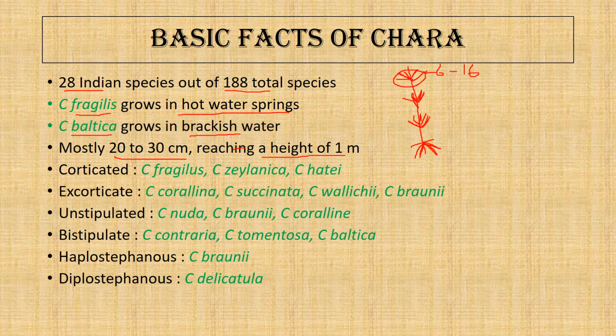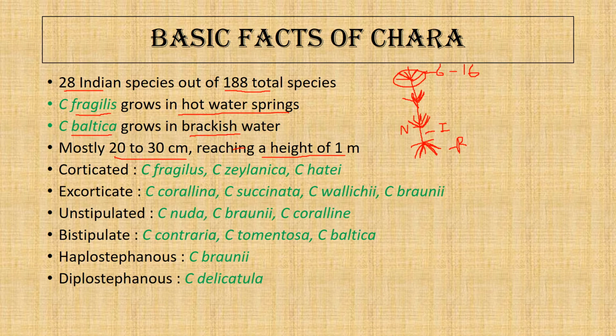This is the general structure. This is the rhizoid of the Chara, this portion is called the internode, whereas this portion is the node.